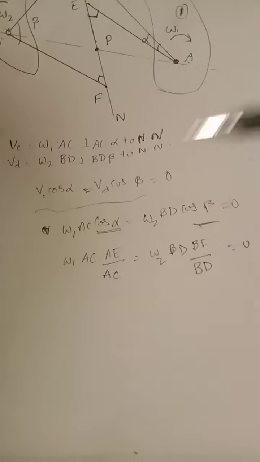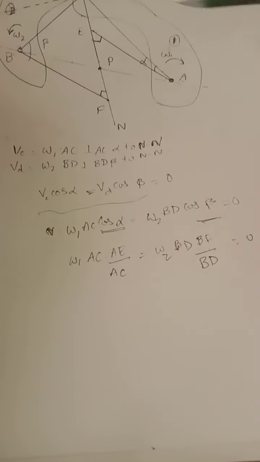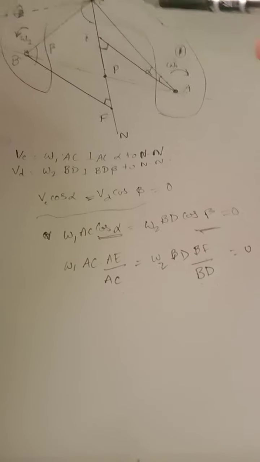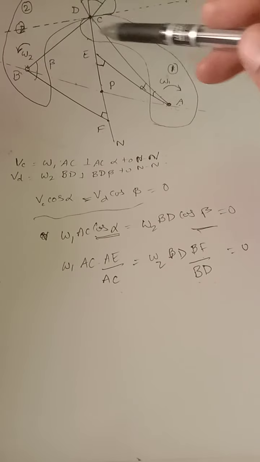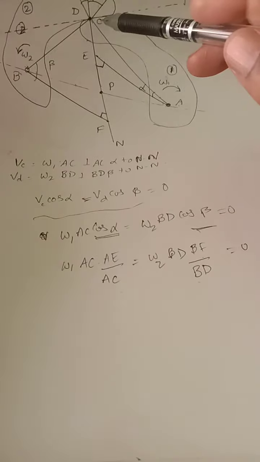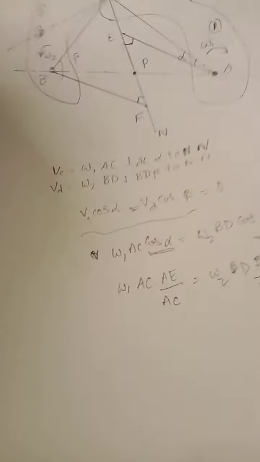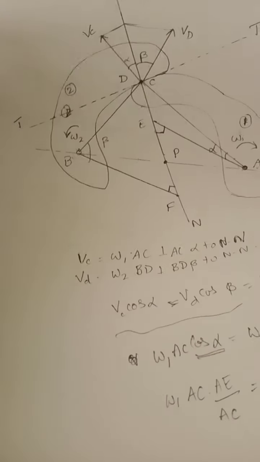Now AC and BD are the same because point C is common. C and D are the common points, which is the same point.